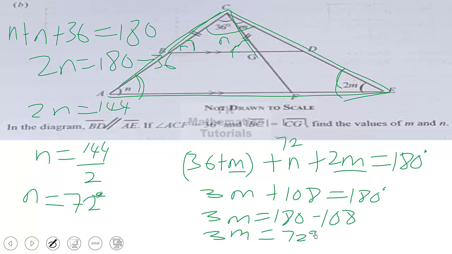So therefore m will be equal to 72 divided by 3, that will be equal to 24 degrees. So m equal 24 degrees.